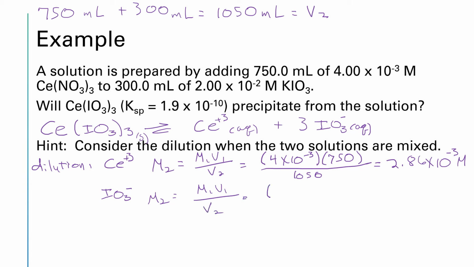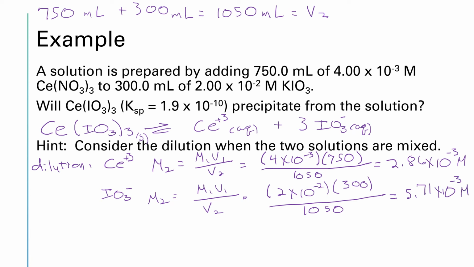And M1 for iodate is 2 times 10 to the negative 2. V1 is 300, and then V2 is 1050. And so if we run that through the calculator, we're going to end up with an M2 value of 5.71 times 10 to the negative 3 molar.